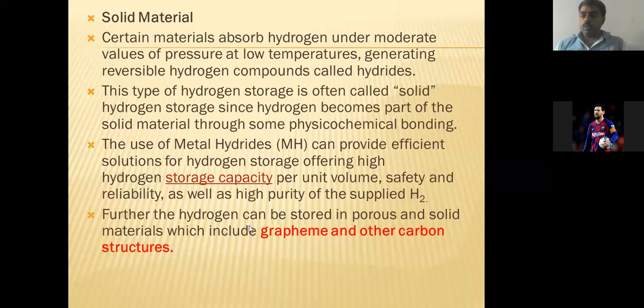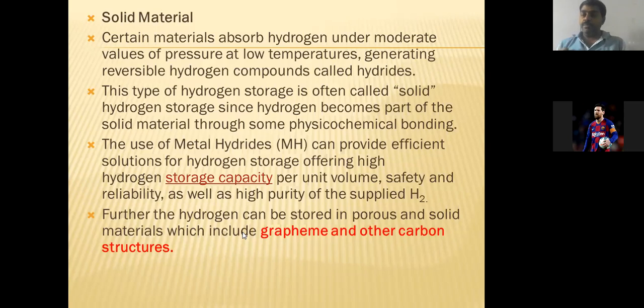With solid materials, there is a special principle which is used. Naturally, certain materials have a high ability towards absorption of hydrogen into the metal.